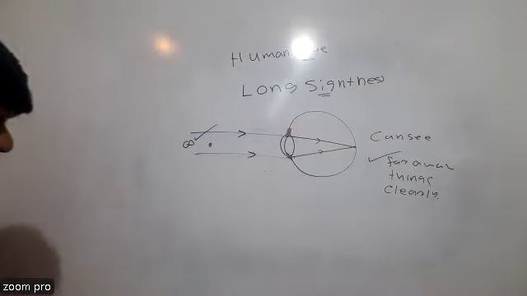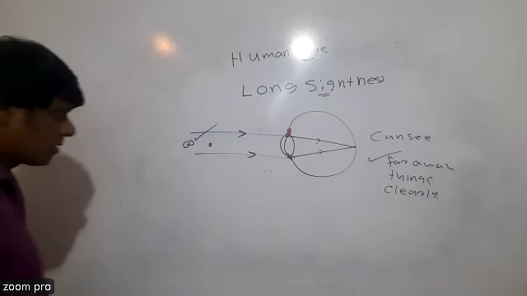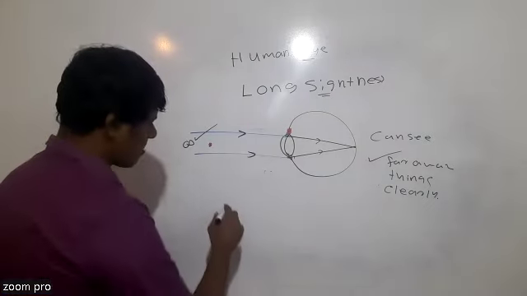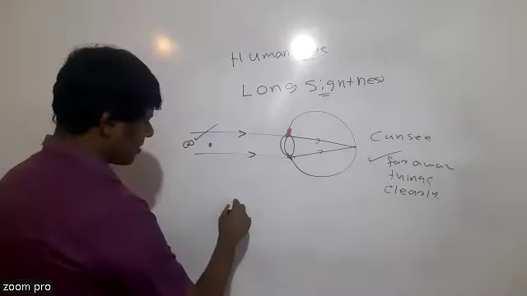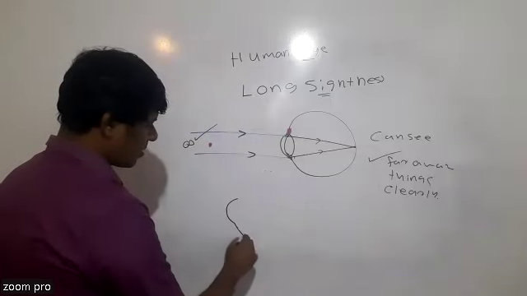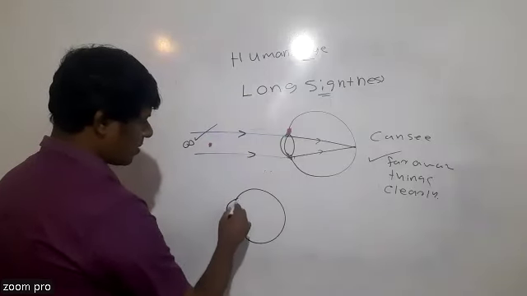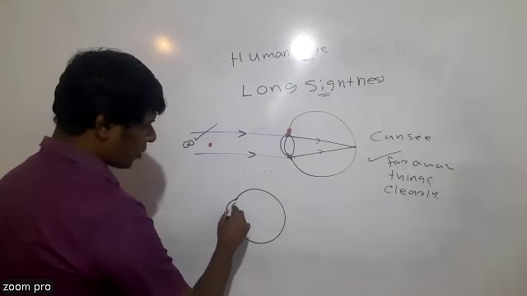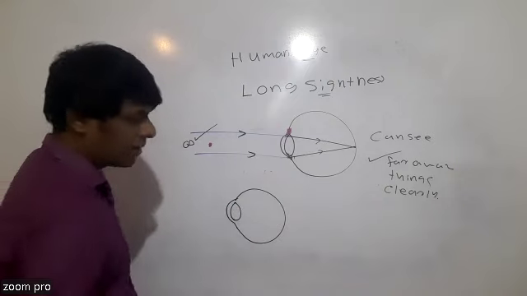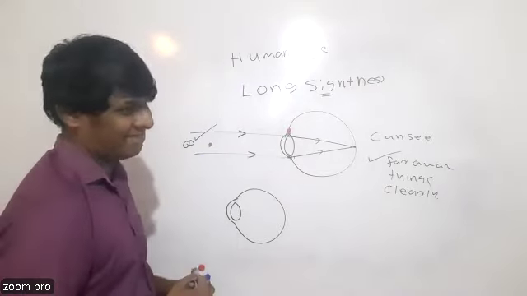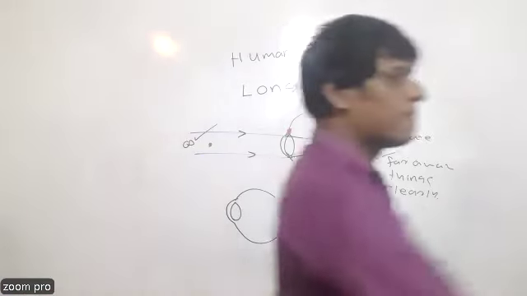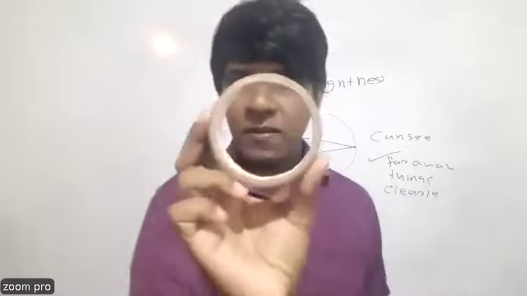Now write the second point. The eye globe might be a shorter one. The eye globe diameter might be shorter.